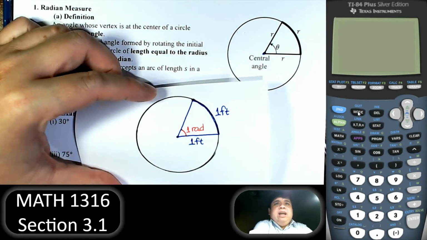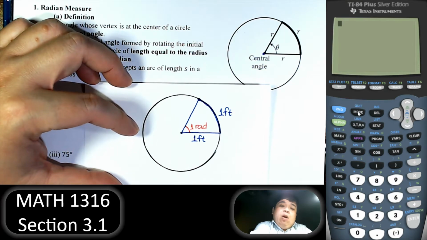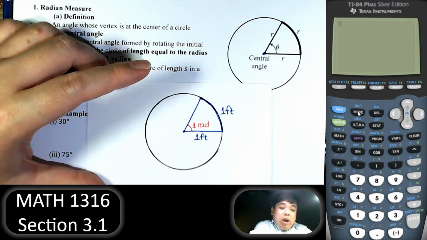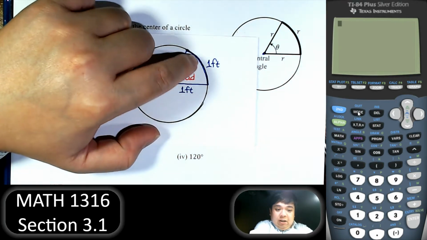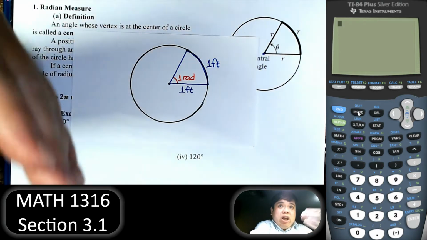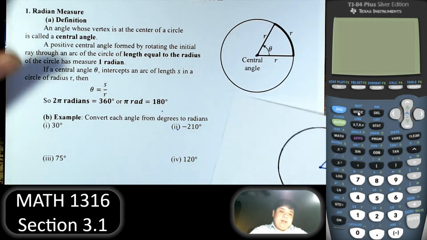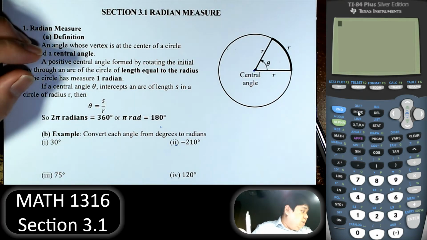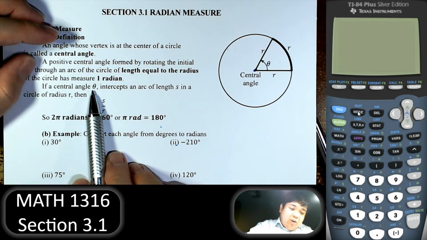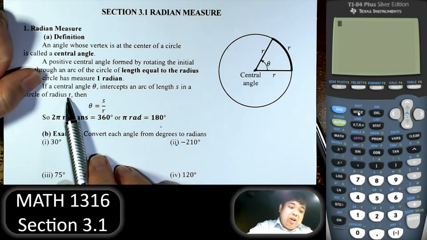But then you ask, exactly how long is 1 radian? Remember, the way we write this is in terms of the arc length and in relation to the radius. A central angle theta that intercepts an arc length s in a circle of radius r is given by this.